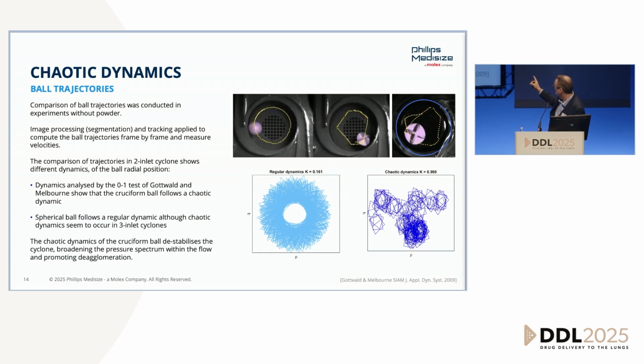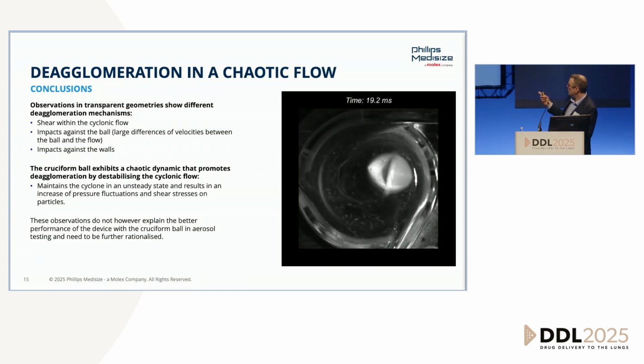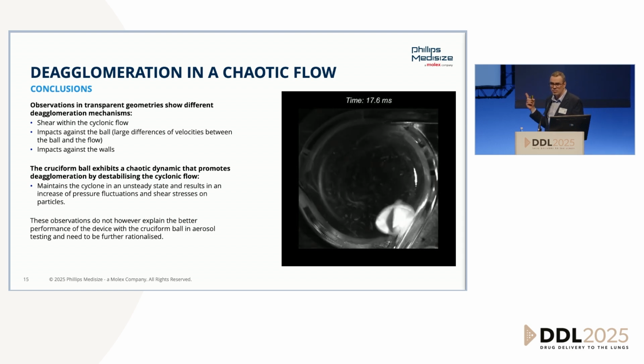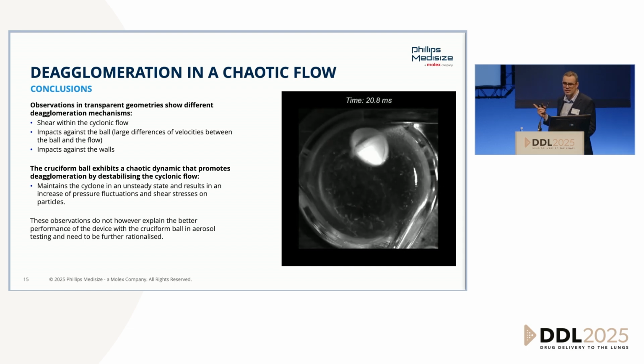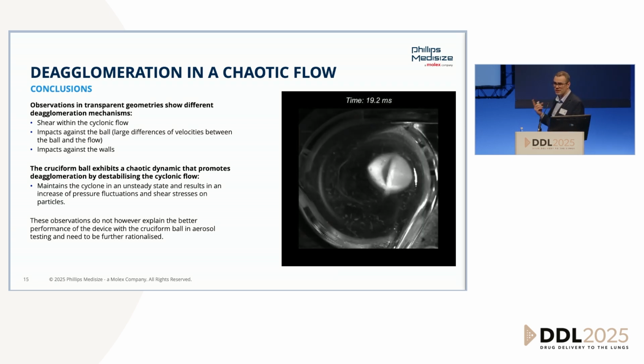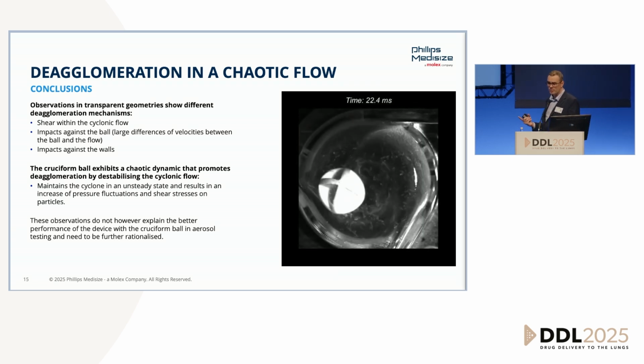While on the right, you see that P and Q describe some sort of random walk, which is a sign of chaos. And this is very important because it explains why the cyclone was so unstable. The dynamics of the ball is chaotic and maintains the cyclone in an unsteady state. As a result, you also have an increase of pressure fluctuation and shear stresses that help the deagglomeration of particles.